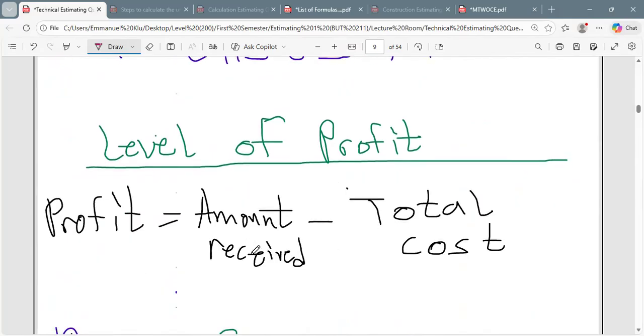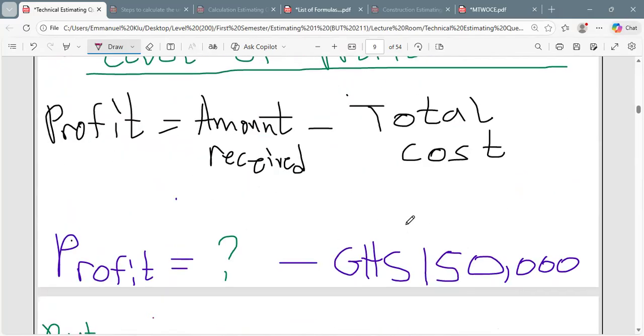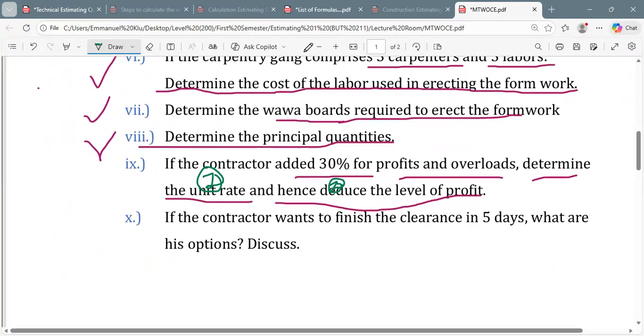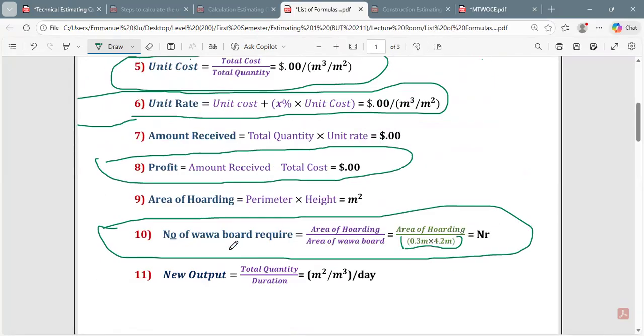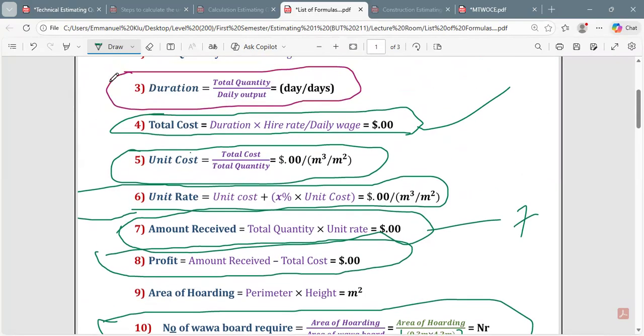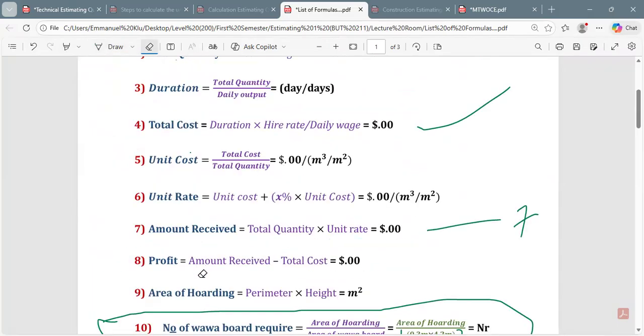So we say our profit is equal to amount received minus total cost. This is the formula for the amount received. Some people are worried. This is the formula for the amount received too. If you are worried, I can clean all of this so that at least it can become free.